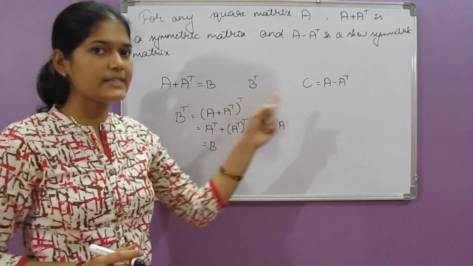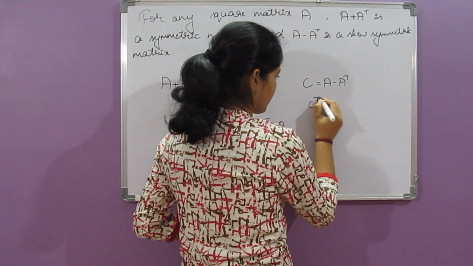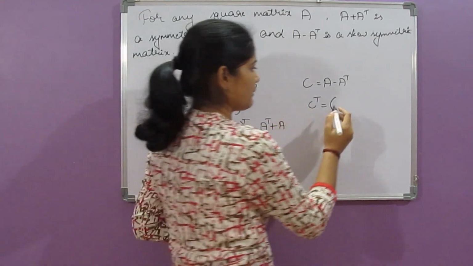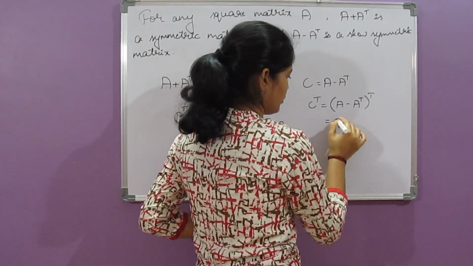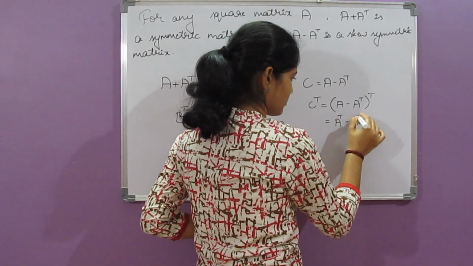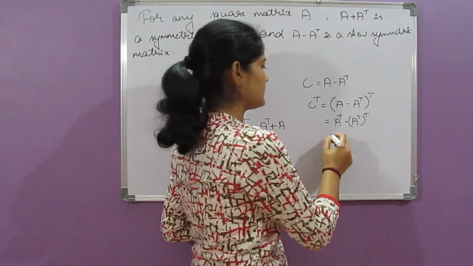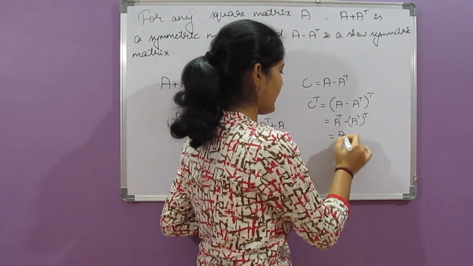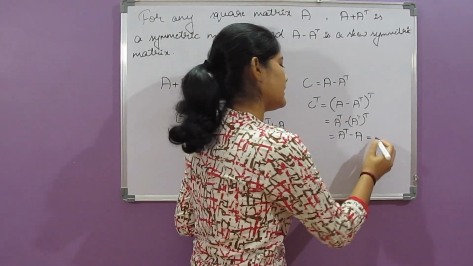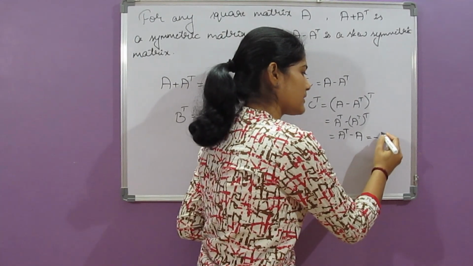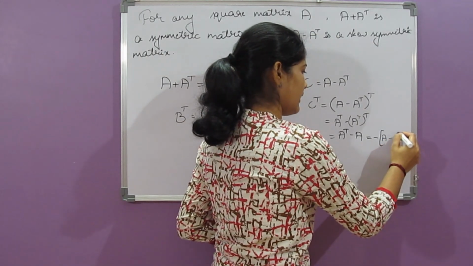Then we have to prove that C is equal to minus C transpose. For that, let us find C transpose first. Similarly, C transpose is nothing but A minus A transpose whole transpose. That is equal to A transpose minus A transpose whole transpose. Same condition I have applied. Similarly, same as here, we will get A transpose minus A, because A transpose whole transpose is A. This is equal to, we can take minus outside, we will get minus of A minus A transpose.